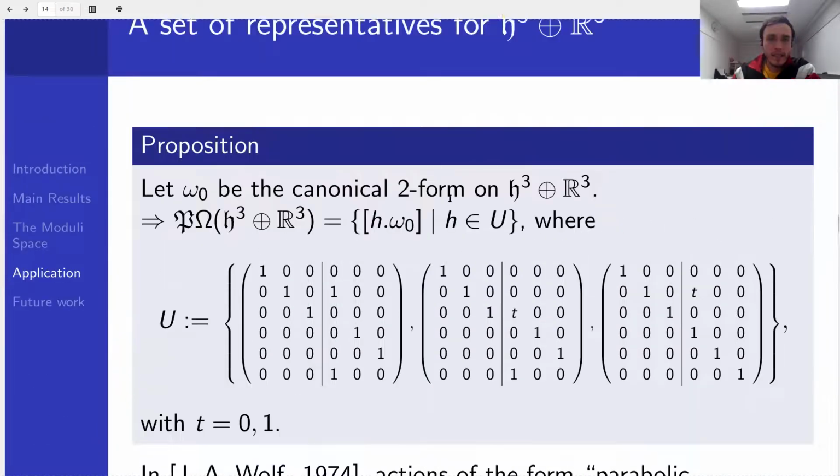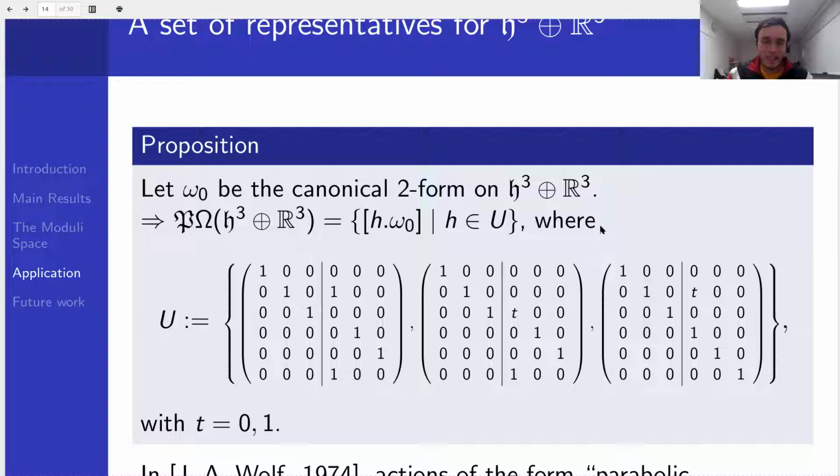So this is a set of representatives, the canonical form in this algebra. And then the orbit space can be described by this, where H belongs to this set. And look, this set is very small. It's actually 1, 2, and the parameter here varies between 0 and 1. It has only 5 points.